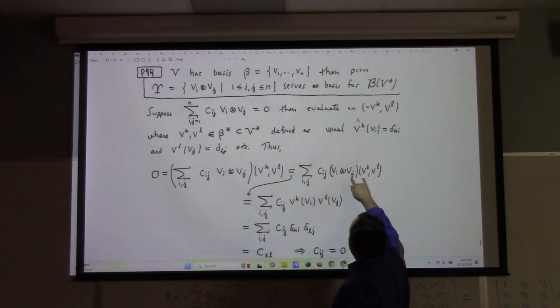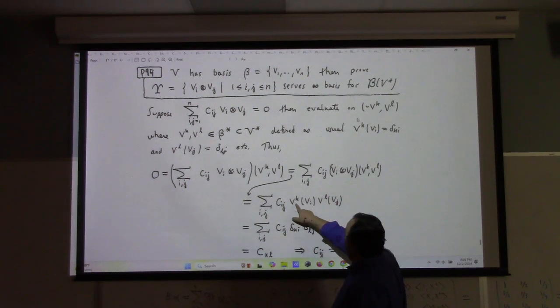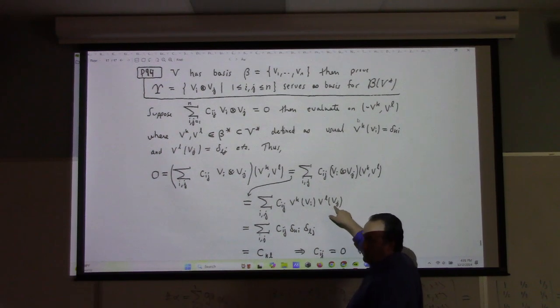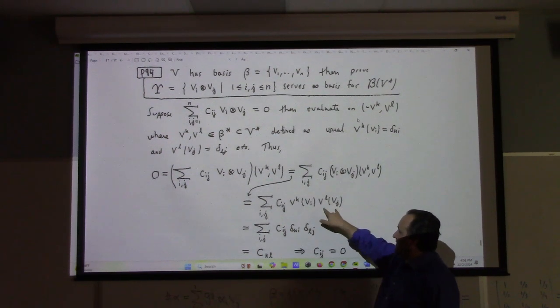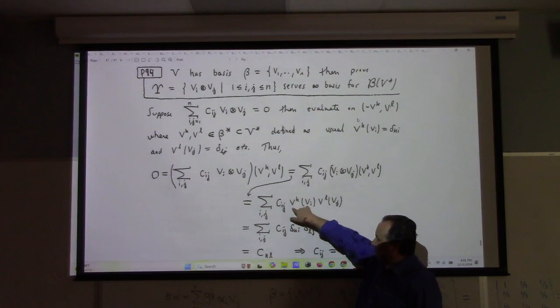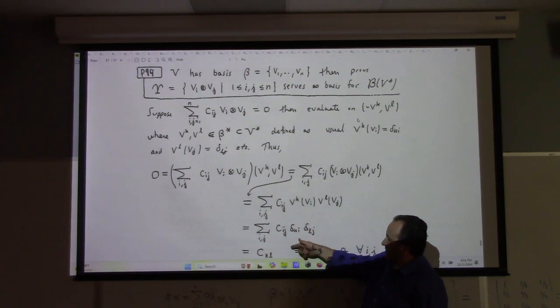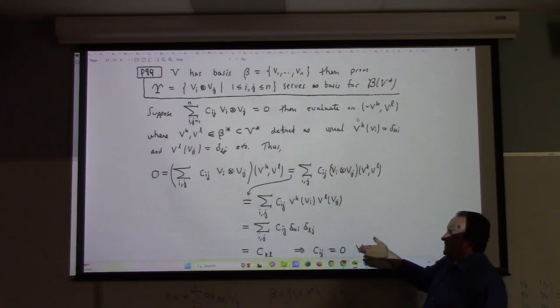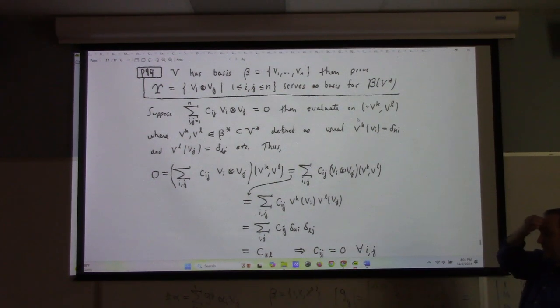And then by definition of the previous problem, this is the dual vector Vk acting on Vi and the dual vector Vl acting on Vj. But by definition of dual basis, this is Kronecker delta Aj and this is Kronecker delta Ki, which just selects for us CKL, which then proves that this is in fact linearly independent, right?